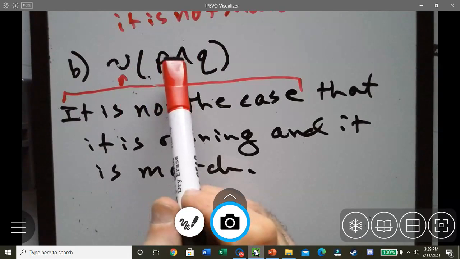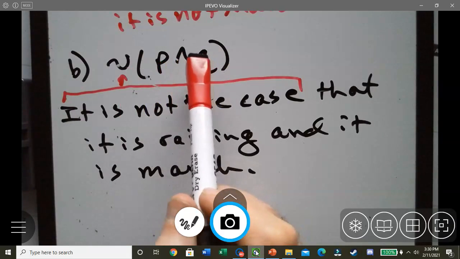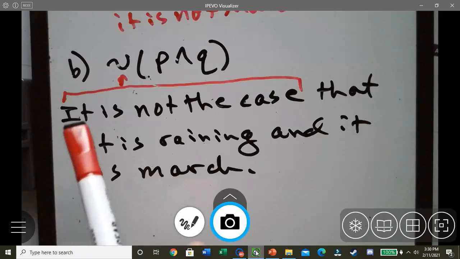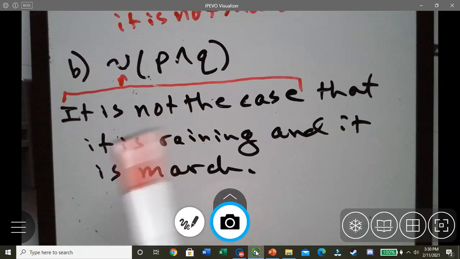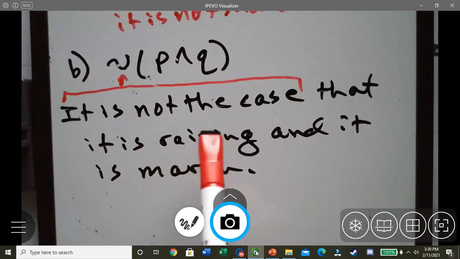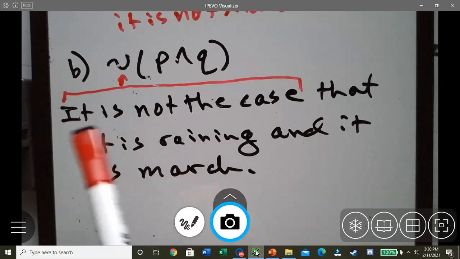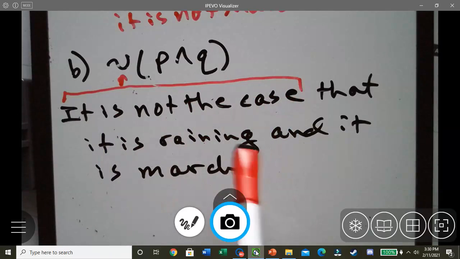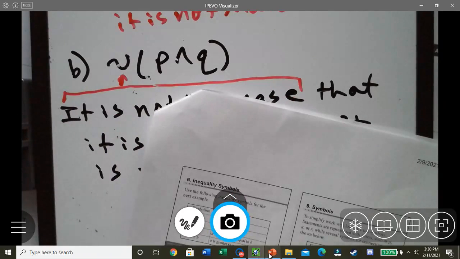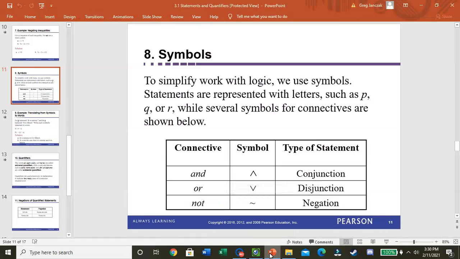So we're saying it is raining and it is March, but it is not. That's not correct in how it's written. So you have to say it is not the case that it is raining and it is March. Okay. Let's move on with that.